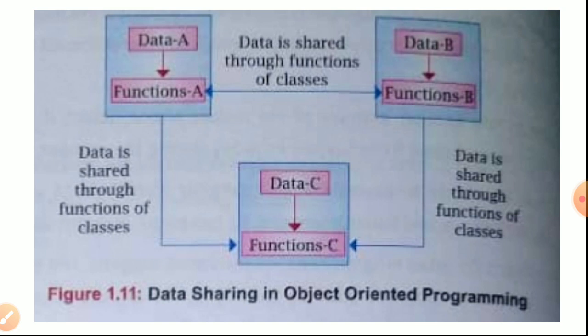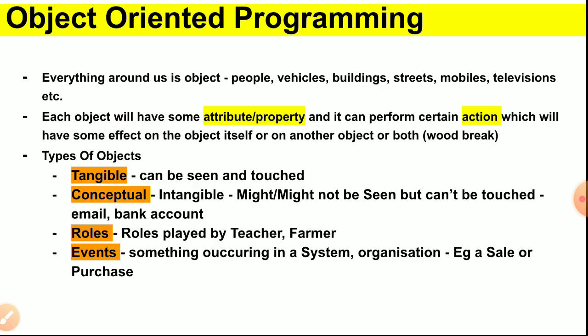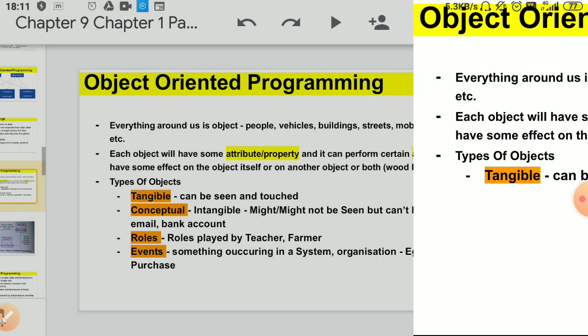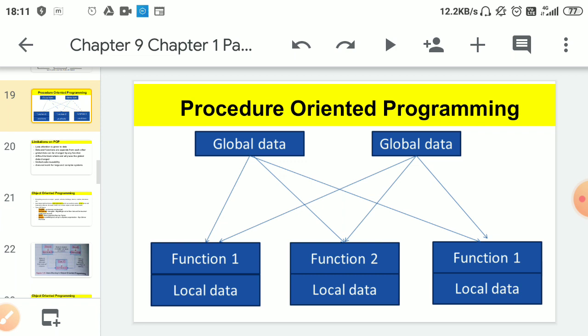In the previous video I discussed POP, and if you look at this example, we have already seen it. There are many functions and each of the functions had equal access to all the global data. And I told you last time that this is the biggest problem in POP.